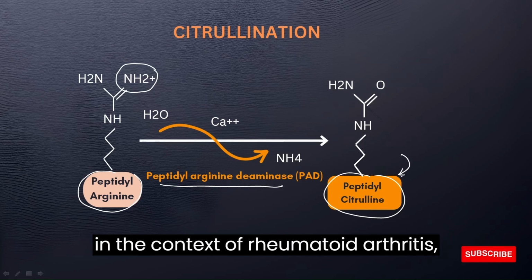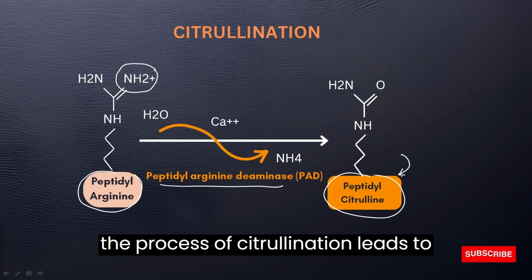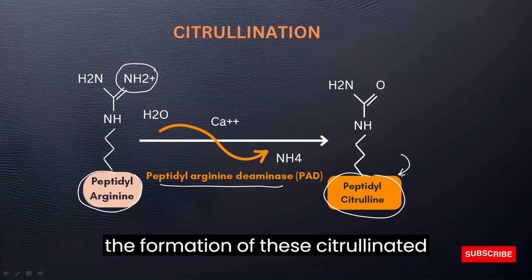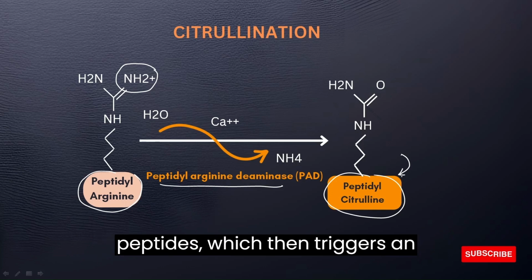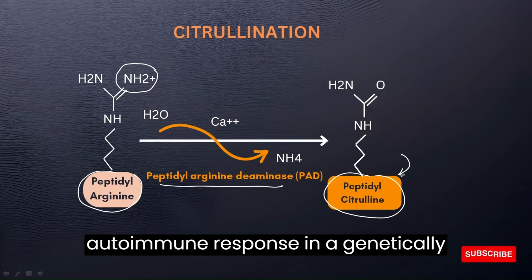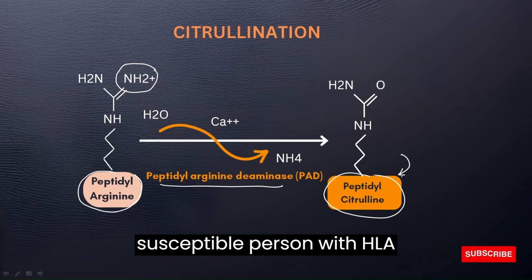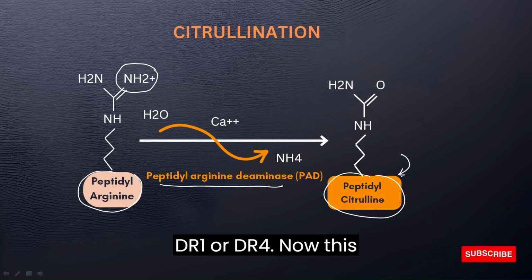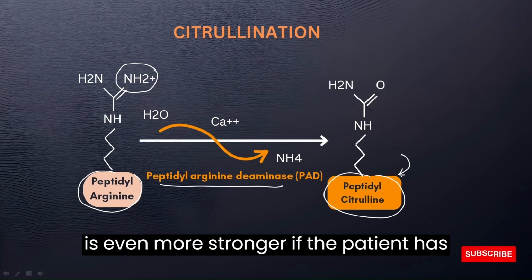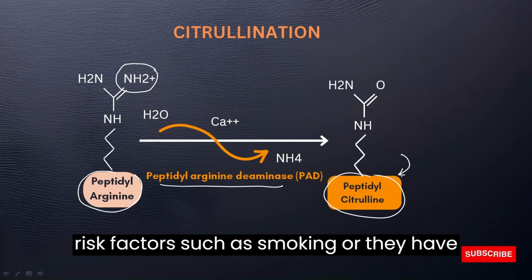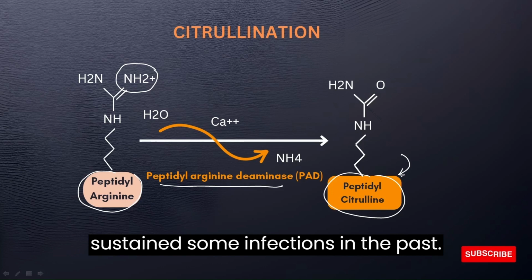So in the context of rheumatoid arthritis, the process of citrullination leads to the formation of these citrullinated peptides, which then trigger an autoimmune response in a genetically susceptible person with HLA DR1 or DR4. Now, this is even stronger if the patient has risk factors such as smoking or has sustained some infections in the past.